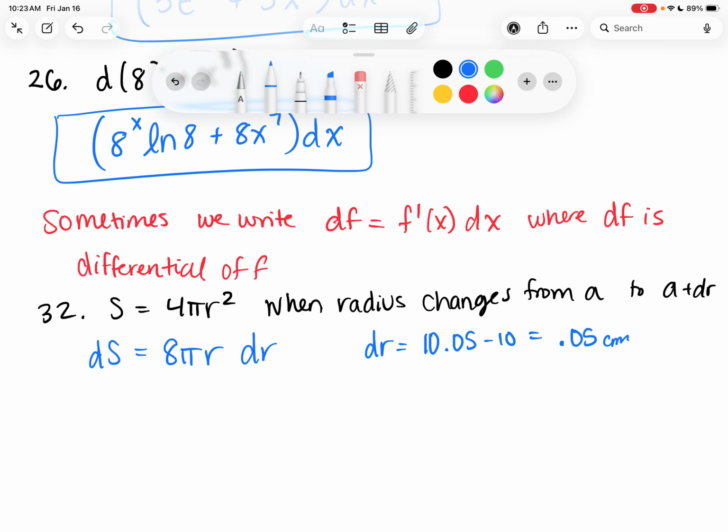But anyways. So now I'm going to plug in A is 10, and then the A plus dr, or well, the dr part in this particular problem is the 0.05. So ds is equal to 8 times pi times r is 10 times dr is 0.05.